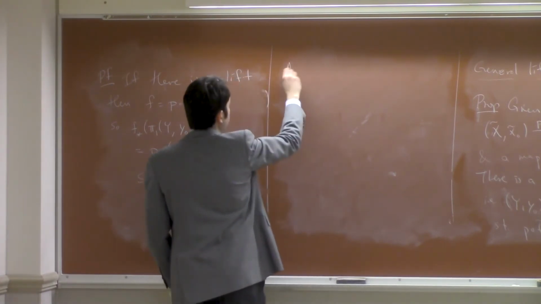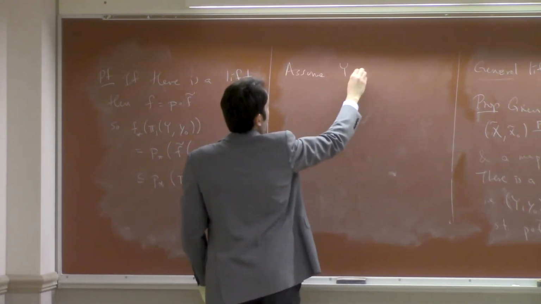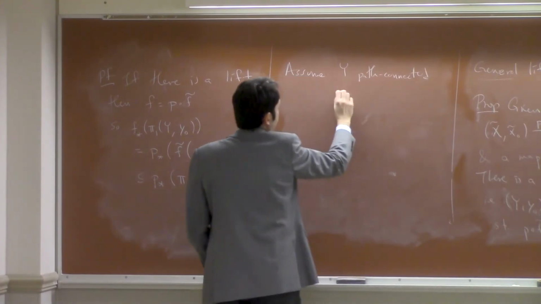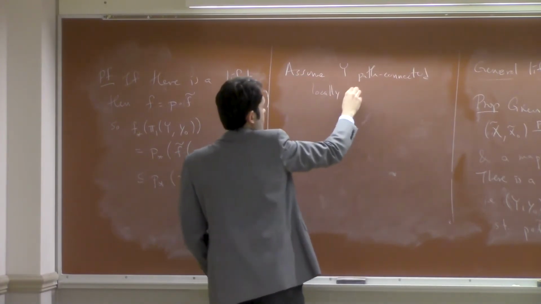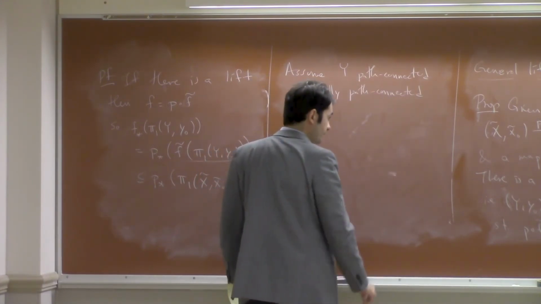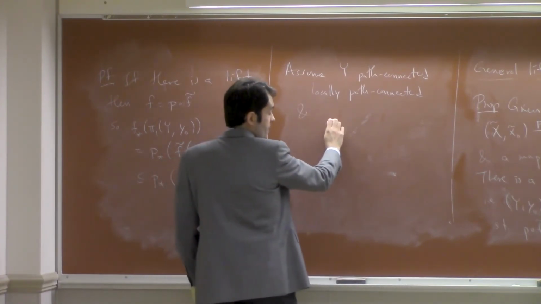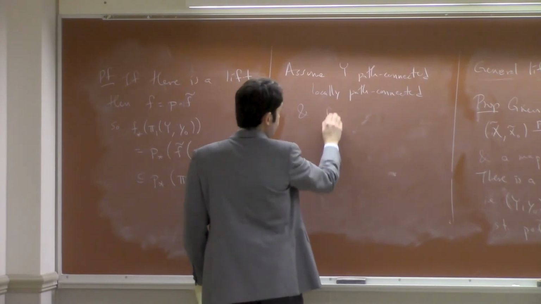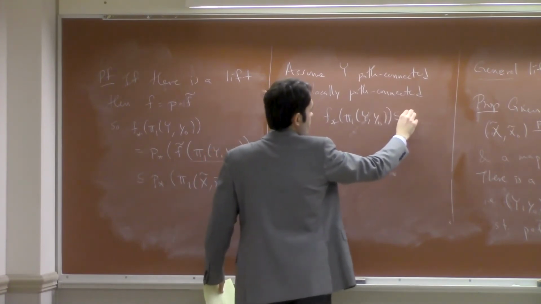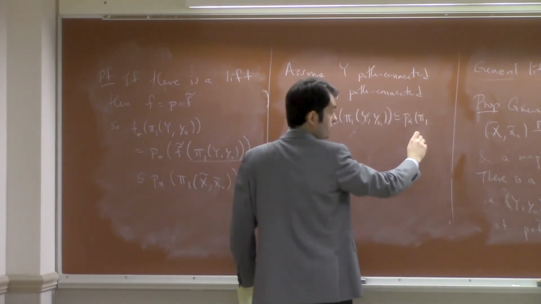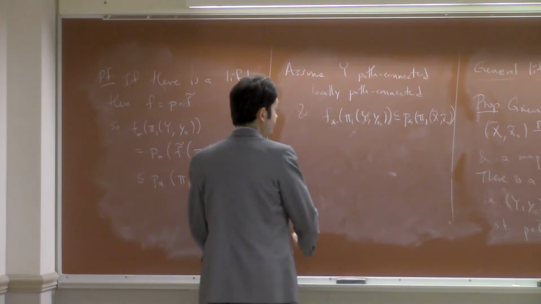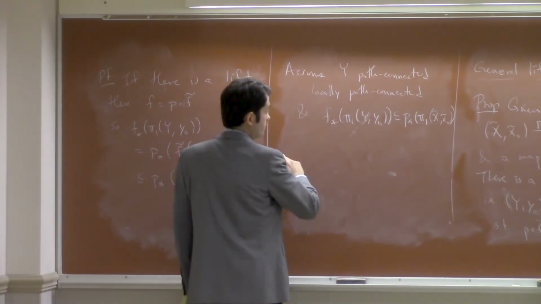Okay, so now assume that Y is path connected, locally path connected, and the image of the fundamental group under f sits inside the image of the fundamental group under p.